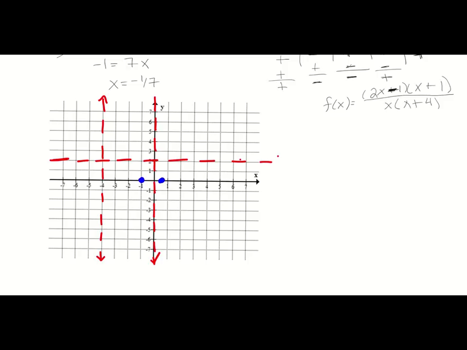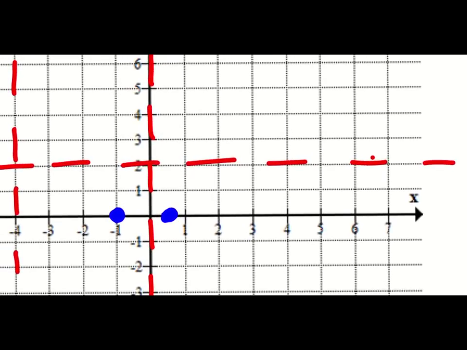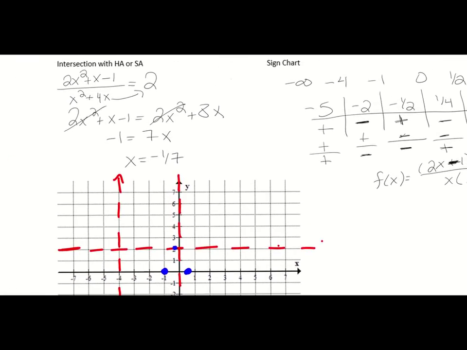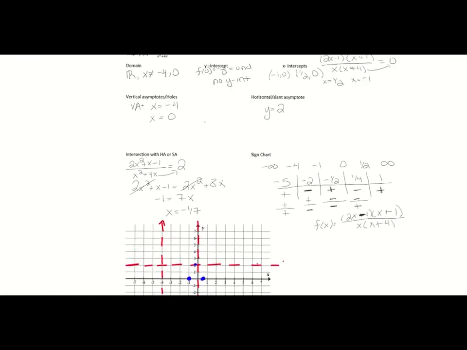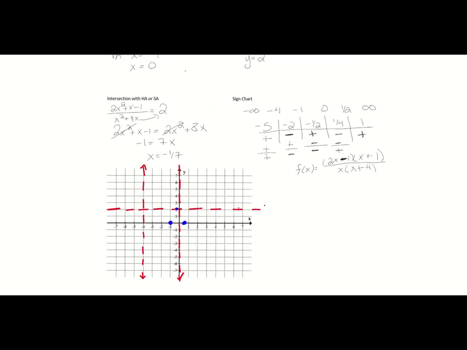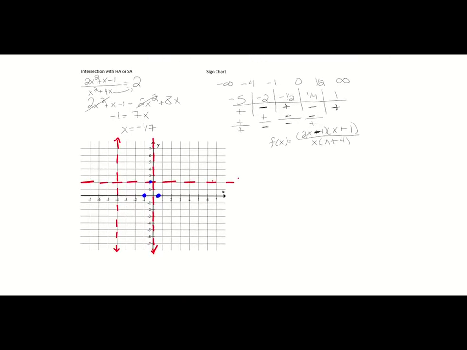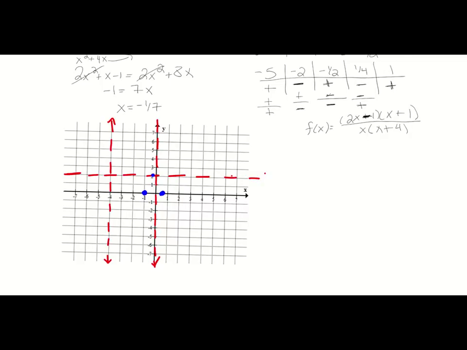And my horizontal asymptote will cross at negative 1/7. So let me zoom in. That would be like right here. Yeah, you can approximate, it's close to 0. And then I have a y-intercept at, no y-intercept. That's right, there's a vertical asymptote there. It can't exist at x equals 0.